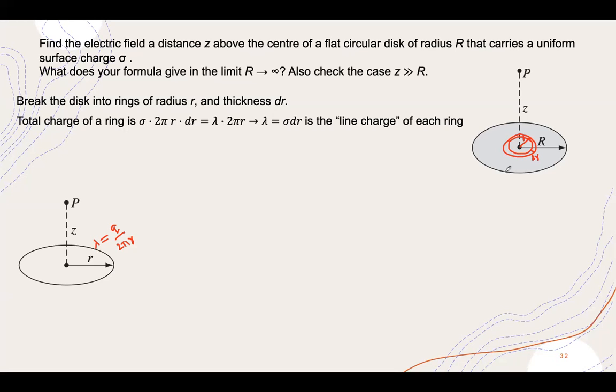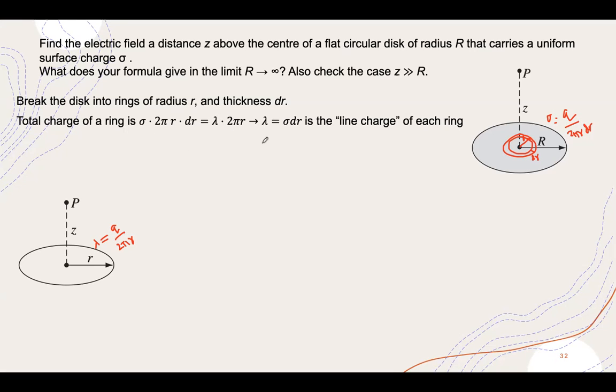However, in terms of surface charge, sigma is defined as q divided by the area, and the area for this ring is 2 pi r times dr. Therefore sigma times 2 pi r times dr is equal to lambda times 2 pi r.